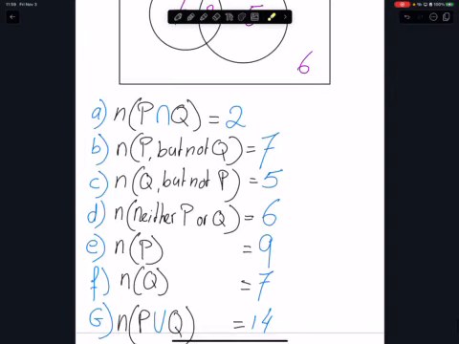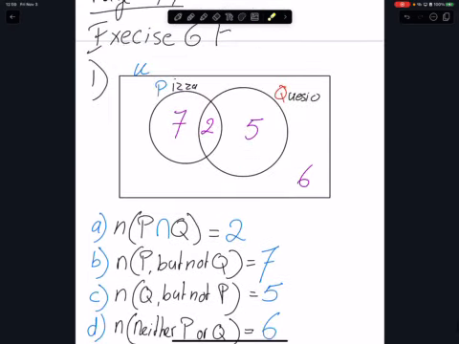P union Q. That means everyone. If you like pizza and if you like quesillo, raise your hand. Everyone in these two circles shall raise their hand, meaning 14.